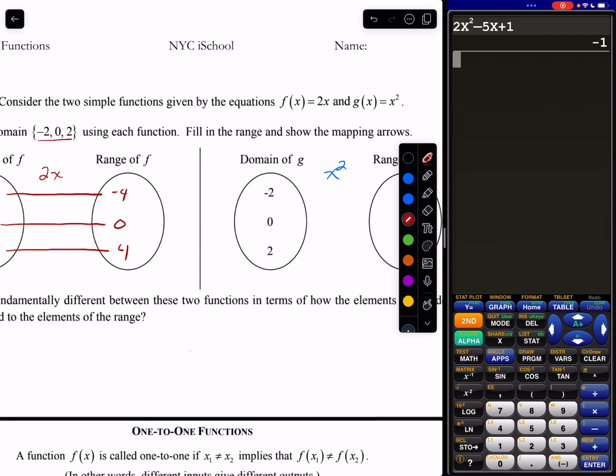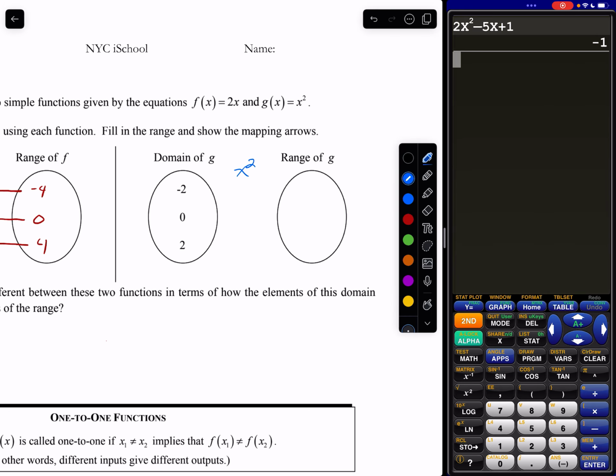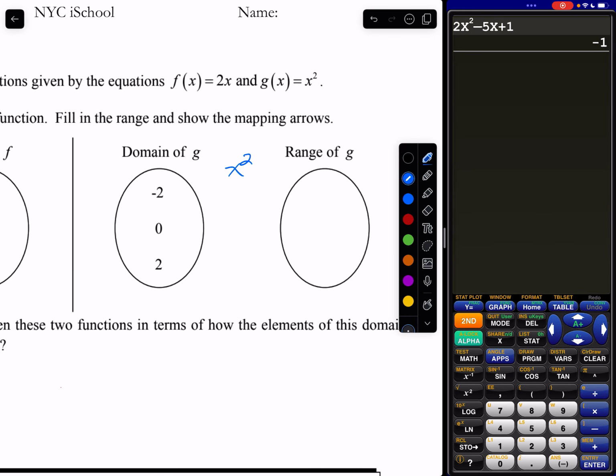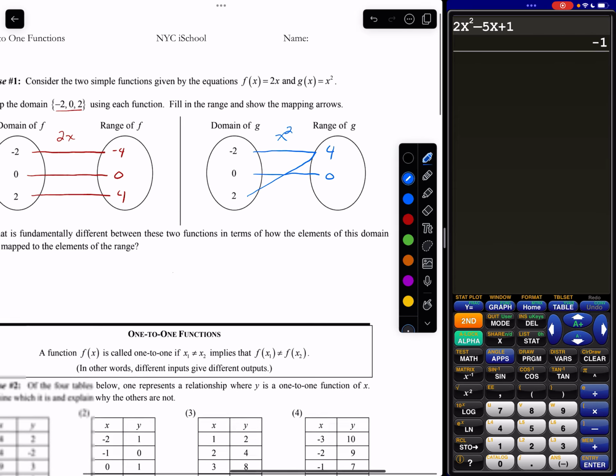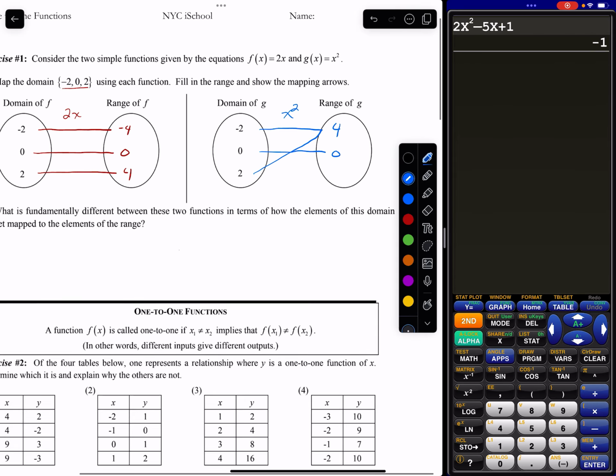Now if we look at this x squared function over here, if I substitute in -2 squared becomes +4, 0 squared goes to 0, and 2 squared also goes to 4 here. So you can see what is fundamentally different between these two functions in how the elements of this domain get mapped to the elements of the range.